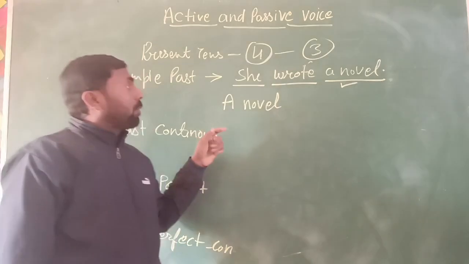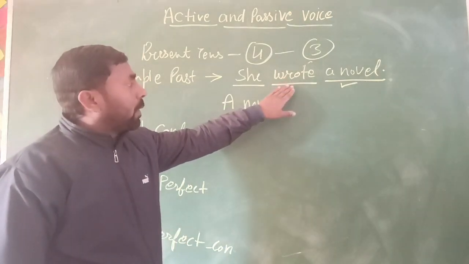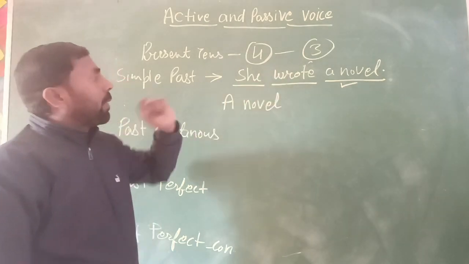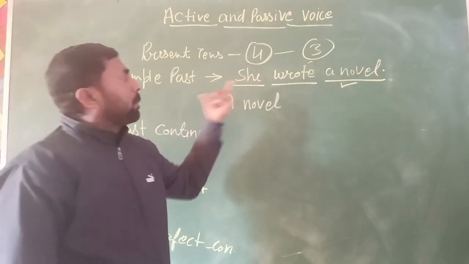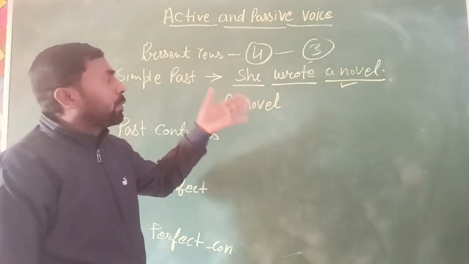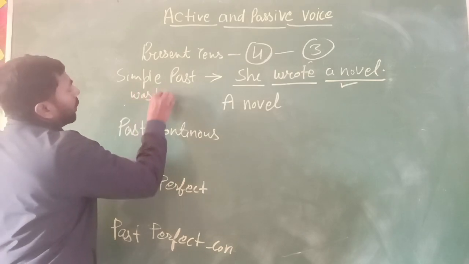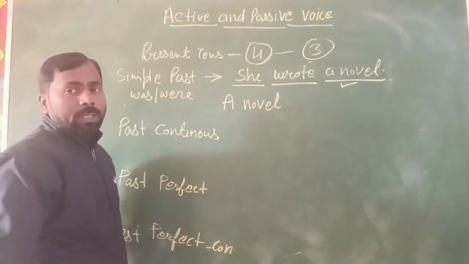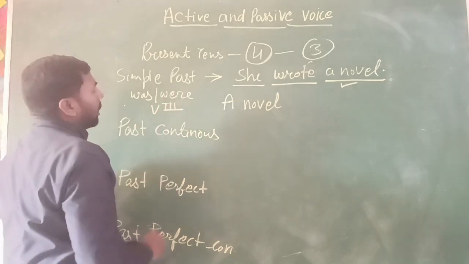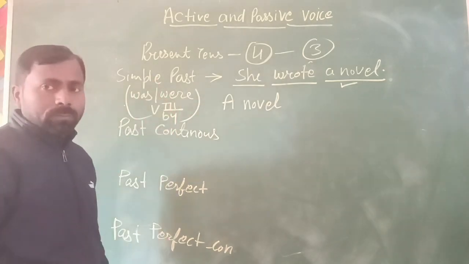Now we can see this is the verb and it is in the second form. So when we change the simple past tense into the passive voice, then we have to use was and verb third form and use by agent.